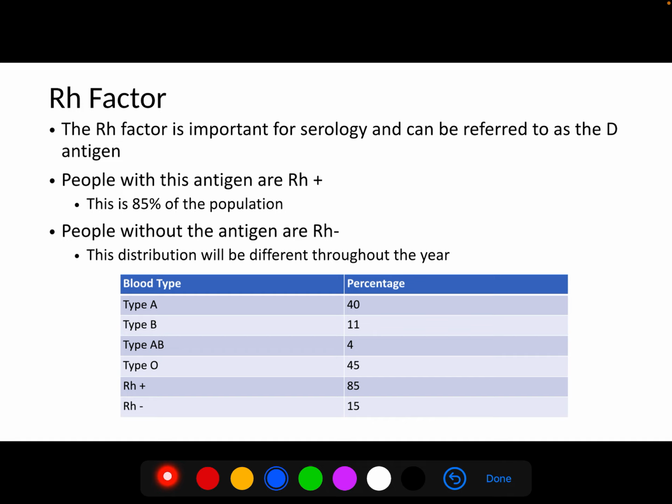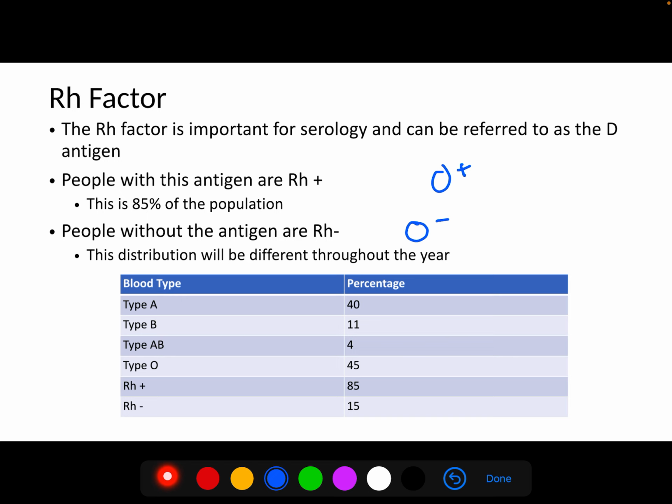And this is where if someone says they're O positive, that means they have type O blood and they are positive for this Rh antigen. About 85% of the population are positive for the Rh factor. And then people without the antigen are referred to as Rh negative. So that might be if they're O negative, they're type O, and they do not have that antigen for the Rh factor.